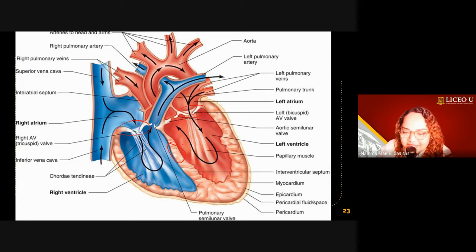So when this happens, i-analyze ninyo ha. That would mean nga ang deoxygenated blood kay sigig mix with the oxygenated blood. Therefore, kini imong left ventricle nga mo pump paingon sa system, some of the blood that it will be pumping towards the system would be deoxygenated blood. Therefore, dili efficient ang iyang delivery. Ang delivery of blood from the heart into the rest of the system will not be 100% oxygenated.